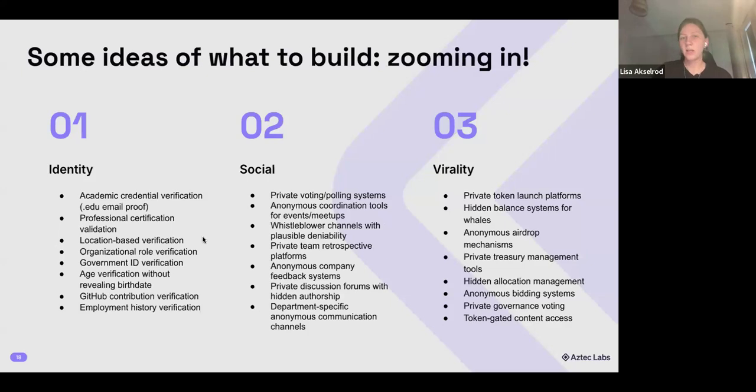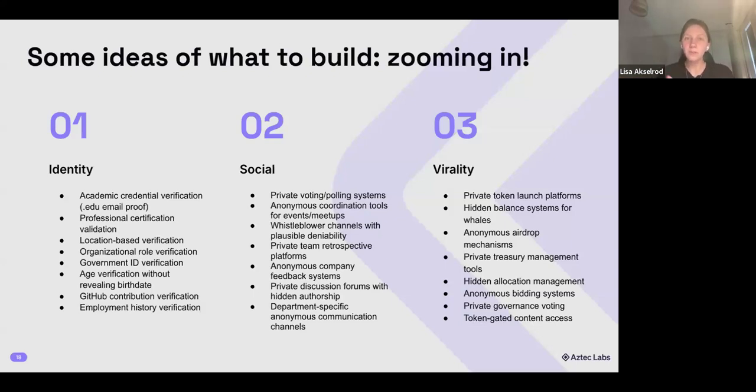Second, social: private voting, private polling, anonymous coordination, whistleblower channels, private team retrospective, anonymous company feedback, private discussion forums. All in all, you want some interaction of people where they will benefit a lot from privacy.